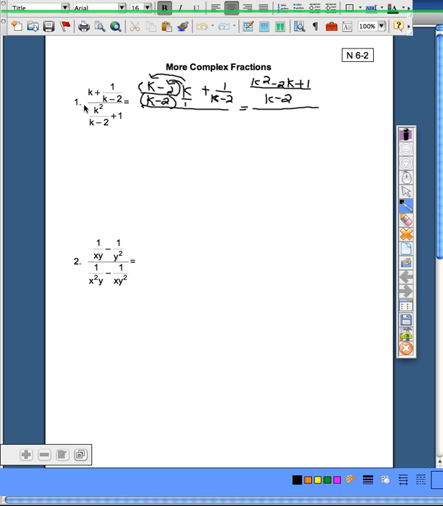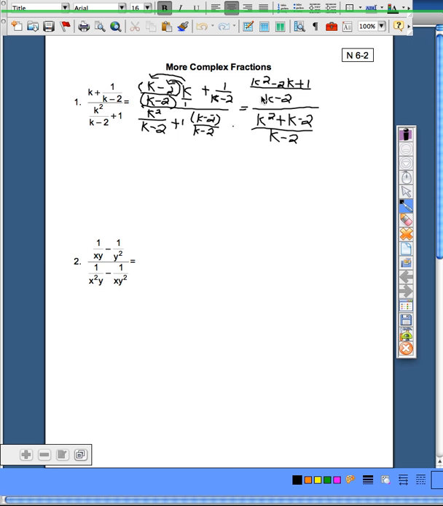Now in the denominator fraction, this 1 is going to have the common denominator of k minus 2. So we'll have k squared over k minus 2 plus 1 times k minus 2 over k minus 2. And so that will combine to be k squared plus k minus 2, all of that over k minus 2.